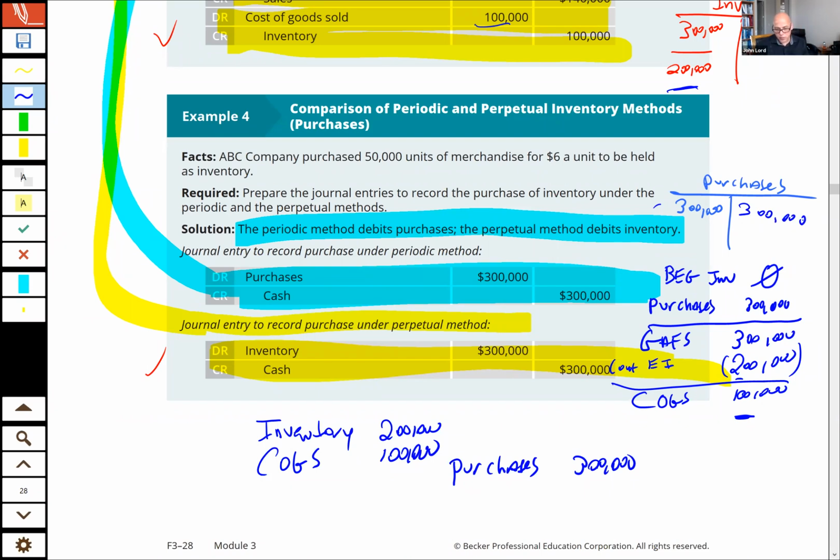It is a vehicle that helps me calculate the cost of goods sold under the periodic method. I don't need it for any financial reporting purposes. On my income statement, I'm just going to report sales minus cost of goods sold, which gives me a gross profit of 40,000 in this example.